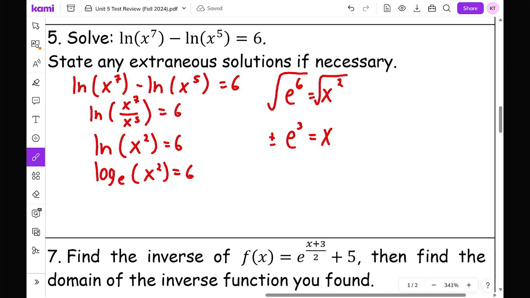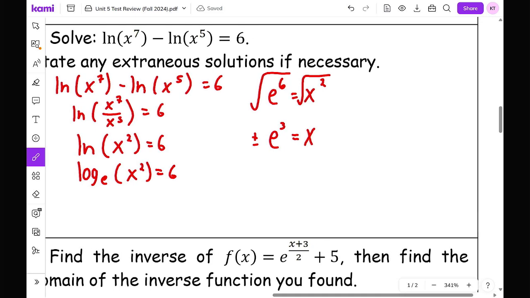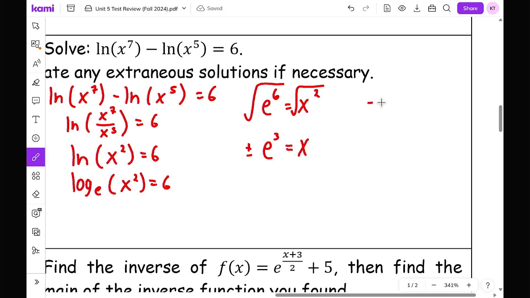If I have plus or minus here, I want to make sure that both of them will work. Now, if I plug in, let's say, negative e to the power of 3 into my first natural log, so natural log of negative e to the power of 3, to the power of 7, that will still give me a negative e to the power of 21.